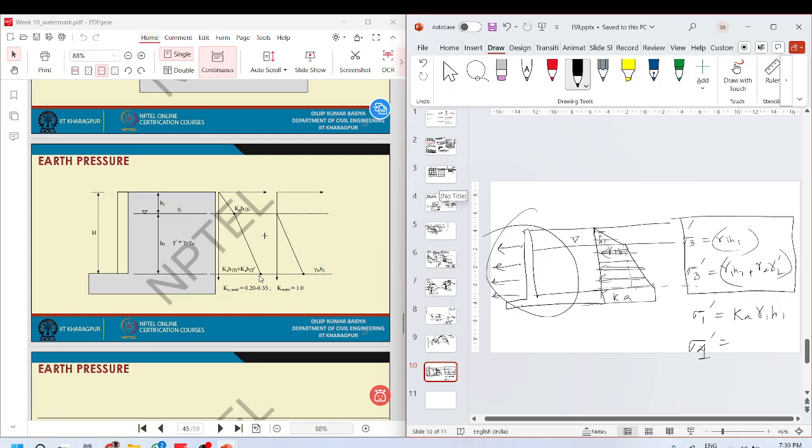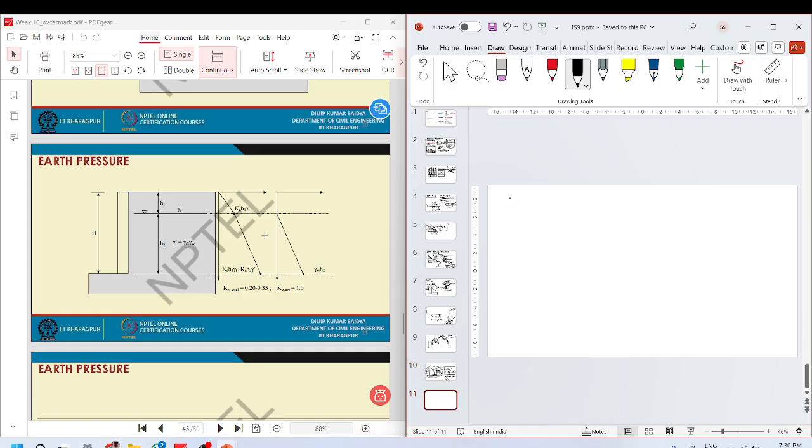See, why we take effective stress here, this is very important: you take sigma vertical and horizontal effective stresses. Why?